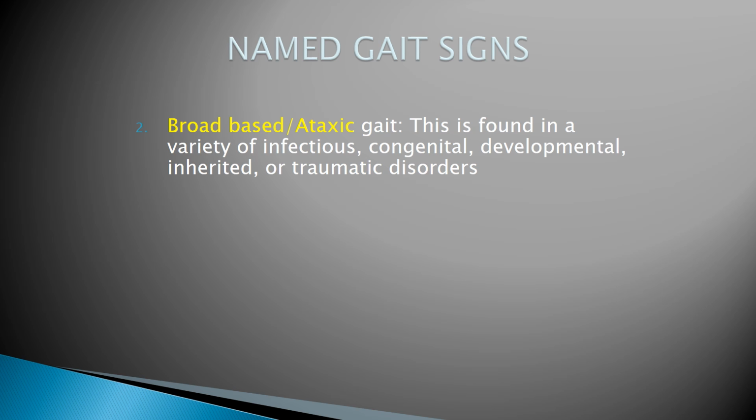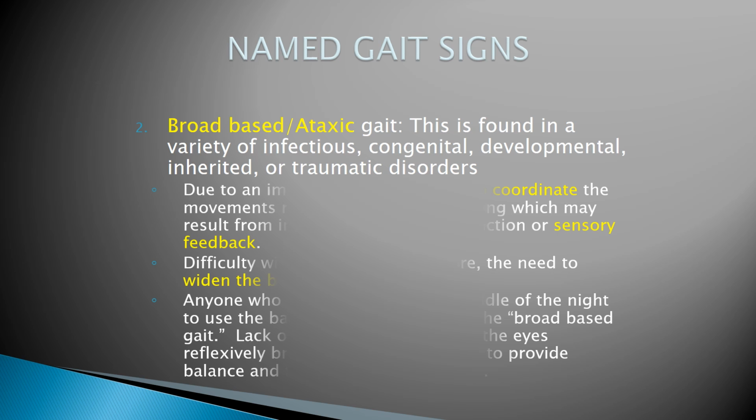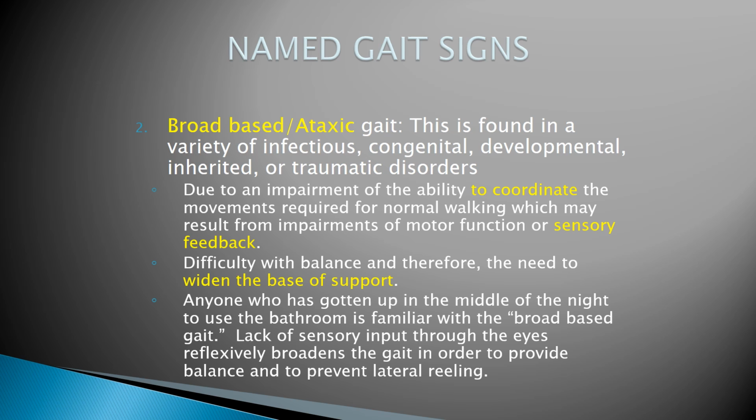The next gait is the broad-based or so-called ataxic gait. This is found in a variety of different types of conditions, including traumatic disorders that we see in the workers' compensation setting. And this is due to an impairment of the ability to coordinate the movements required for normal walking.